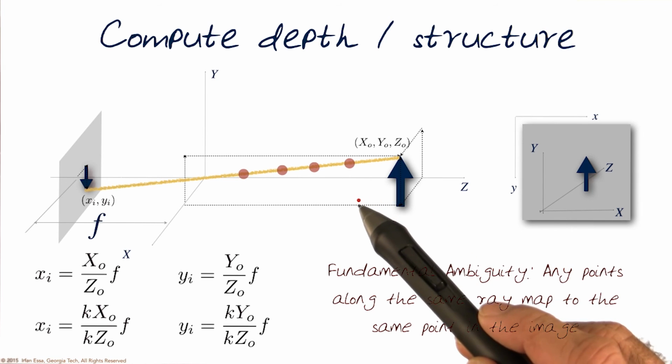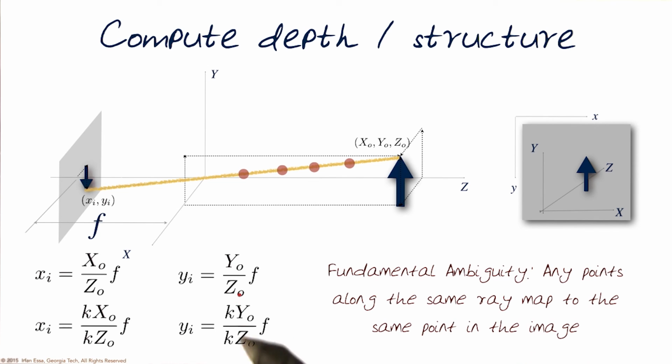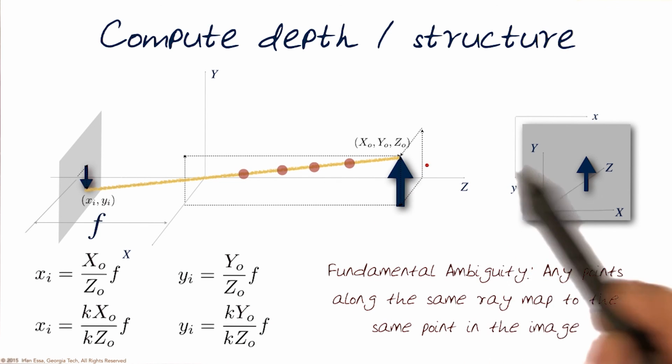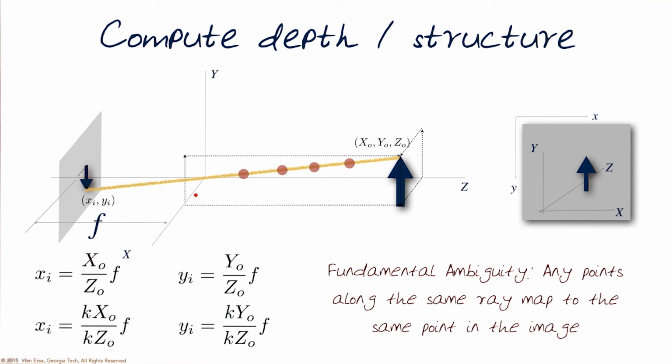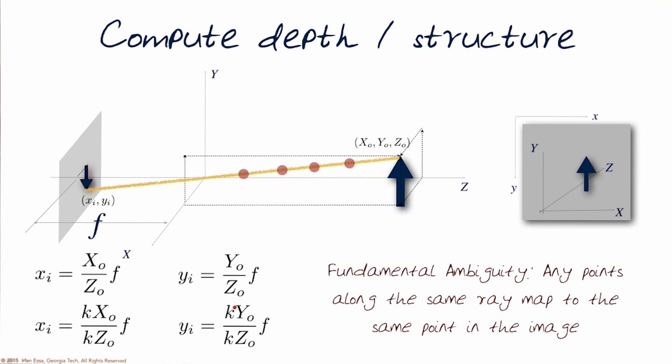As I move closer, the object is getting smaller, and therefore this would be the scaling factor. So moving farther and closer would be the scaling factor, and of course by multiplying and dividing by the same k, we can see that impact. So this is the ambiguity. This is the one we want to resolve in a variety of different ways, and that resolution of that ambiguity will give us depth or structure of a scene.